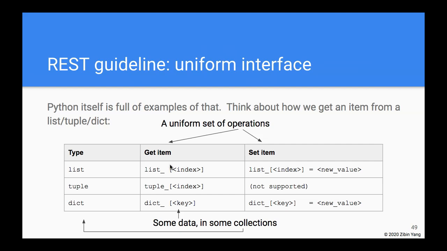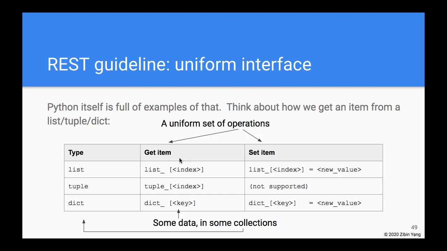Well, it starts with a square bracket and ends with a square bracket, right? So in the case of a list, we give it the index in the square bracket. Same thing for the tuple. For the dictionary, it's a little different. I mean, we call it the key, but by and large, the idea is really the same, right? Whatever we put in the bracket is a way to get to the item that we want.